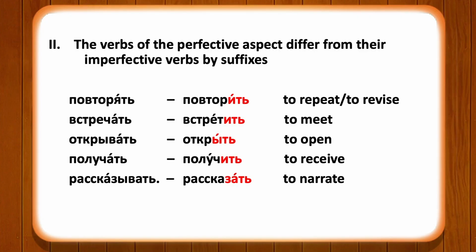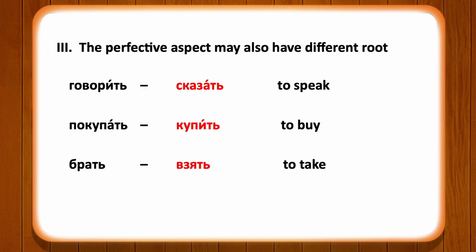The second way in which the perfective aspect verb differ from their imperfective verb is by suffixes. And we had done the verbs повторять, повторить, встречать, встретить, открывать, открыть, получать, получить, рассказывать, рассказать. So the third way in which the perfective aspect verb may differ from their imperfective aspect verb is by having a different root.